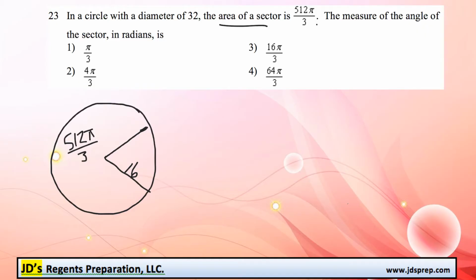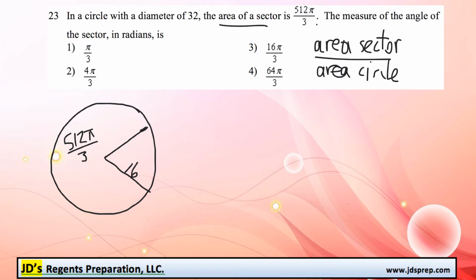Now in order to solve this problem, we're going to set up two equivalent ratios. That's quite important. So the two ratios is knowing that if we take the area of the sector over the area of the entire circle, that's going to be equal to, I'm sorry, I'm running out of room here.